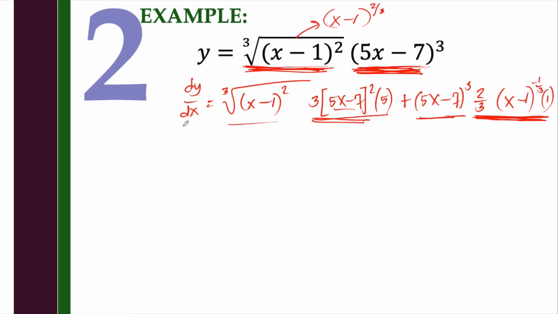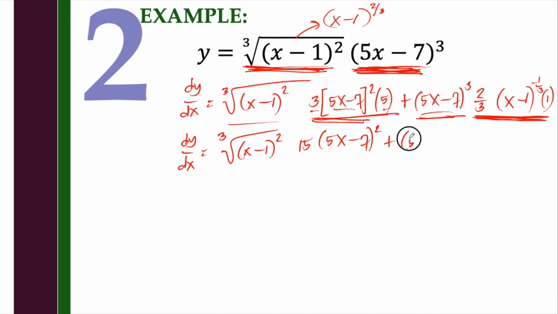Okay? So simplifying that, we have dy over dx as the cube root of (x - 1) squared, then simplifying this, we have 15, that's 3 times 5, then (5x - 7) squared. Plus, we have (5x - 7) raised to 3, then this one, 2/3 and 1, so we have 2/3 (x - 1) raised to negative 1/3.